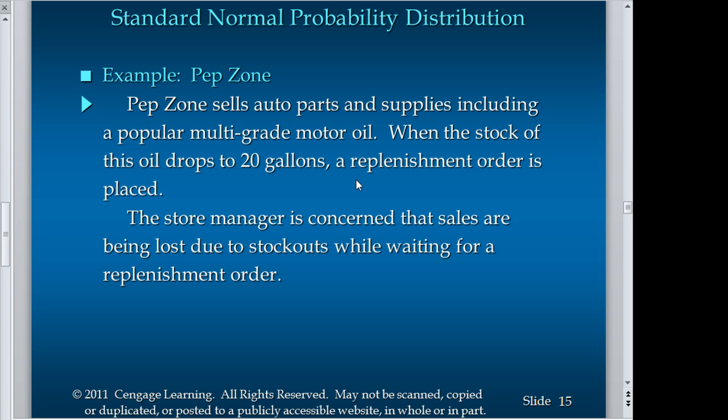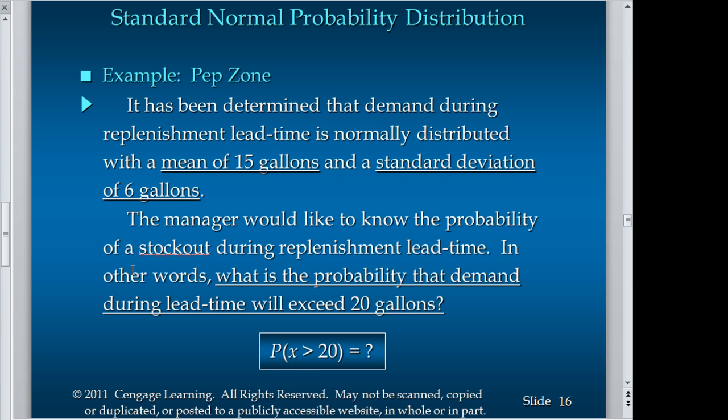The store manager is concerned that sales are being lost due to the lack of stock, right? So it has been determined that the demand during this lead time is normally distributed with a mean of 15 gallons and a standard deviation of 6 gallons.